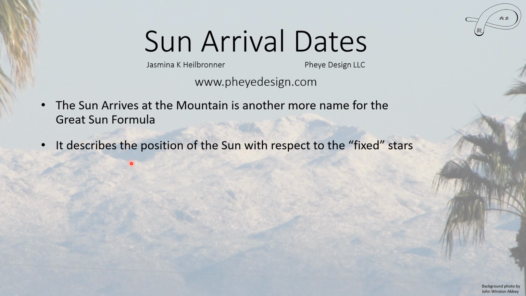Now, this actually describes the position of the sun with respect to the fixed stars as we revolve around the sun. That is, we on Earth revolve around the sun. And I'll show you some diagrams, and I think it'll make more sense. Now, because this is outside of the Earth, it uses the heaven plate to define its sectors and the dates associated with it.